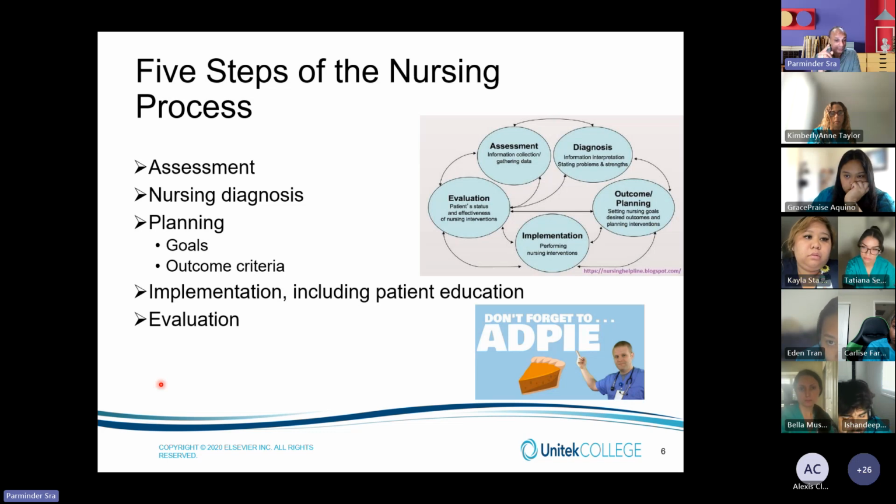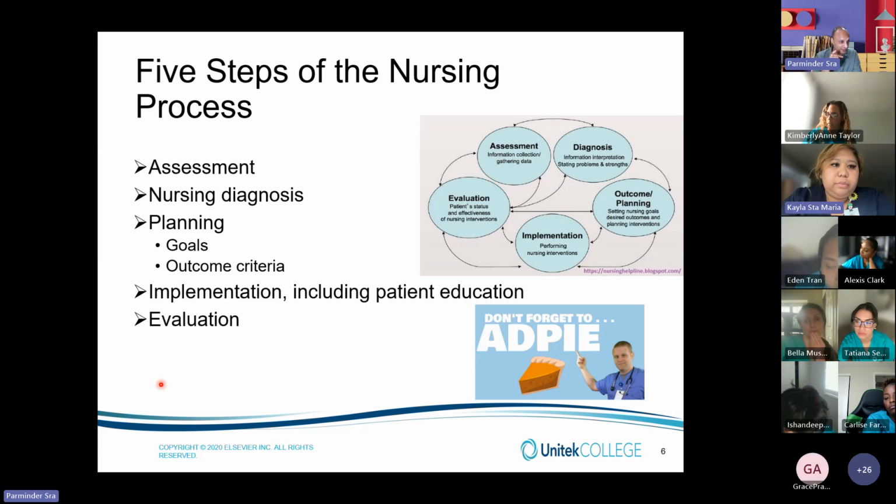Okay, I will add something to that: they should provide a return demonstration to you. Not just verbalize. You show them how to do it, and they need to give you a return demonstration. That is the outcome criteria you should be evaluating at that point, that they can check their blood glucose properly. Okay, everybody understood that point?